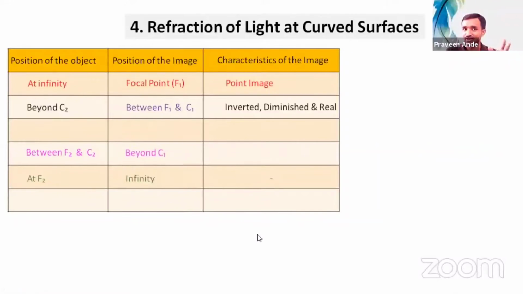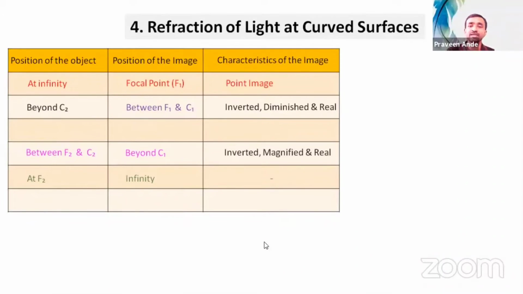See both together now: beyond C2, between F1 and C1; between F2 and C2, beyond C1. How is it? Opposite. If the object is there, the image shifts to between; if the object is between, the image shifts to beyond. Then the characteristics: inverted, magnified and real. Just check these characteristics which are written.